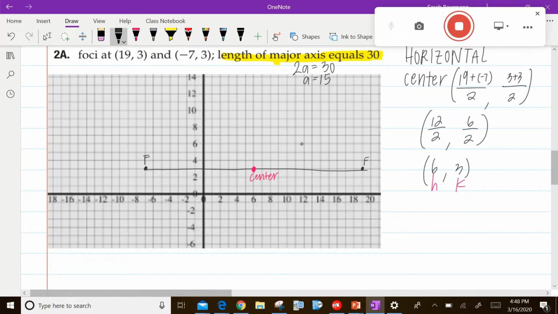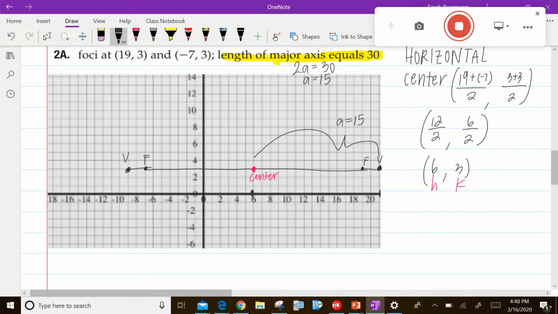From there, I can add 15 to 6 to get me to 21. So I know my x value of one of my vertices is 21. Then I could count to the left 15 units to get to my other vertex. Again, it's because the a value is 15.